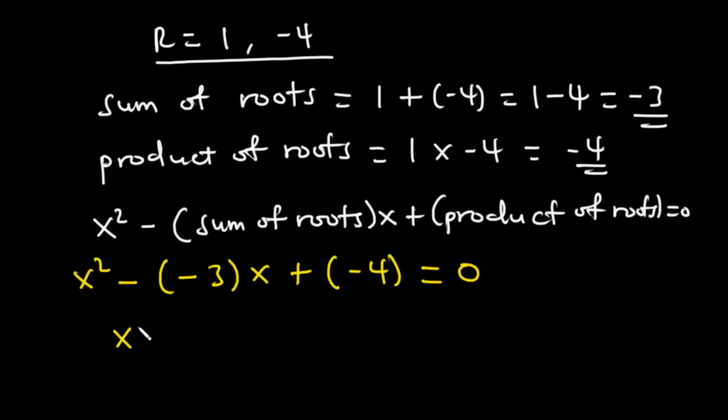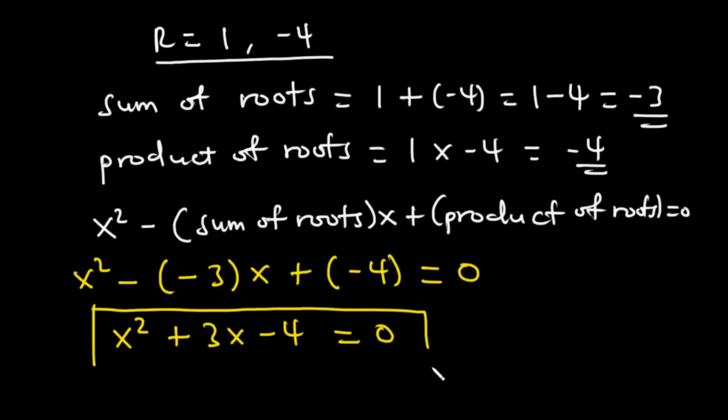So we have x squared plus 3x minus 4 is equal to 0. So the quadratic equation whose roots are 1 and negative 4 is x squared plus 3x minus 4 is equal to 0.